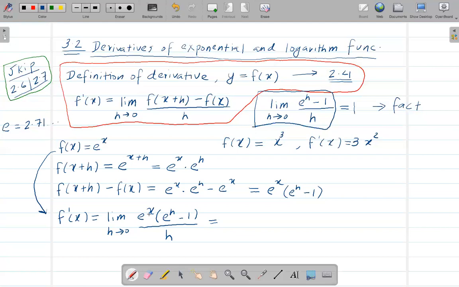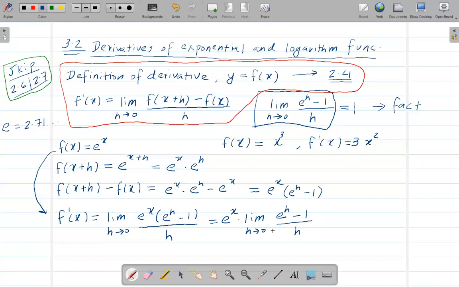But since we are taking the limit as h goes to 0, this will be like a constant. So we can just take this out. I can say e to the power x, just bring that out, and take the limit as h goes to 0 of e to the power h minus 1 over h. So we have multiplication here: e to the power x times this whole thing.